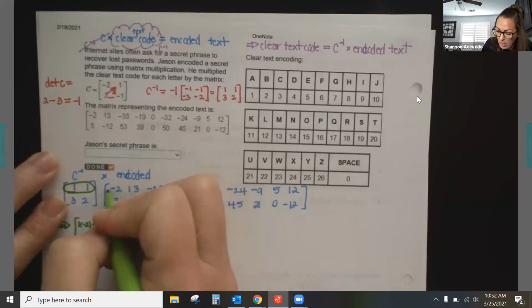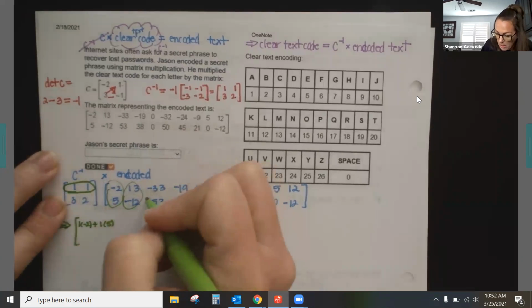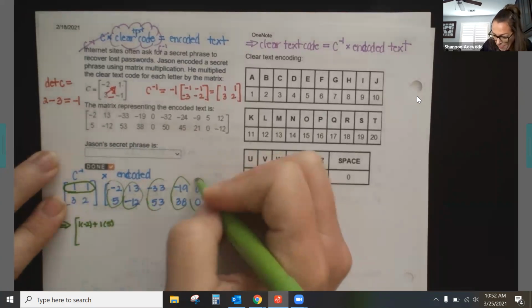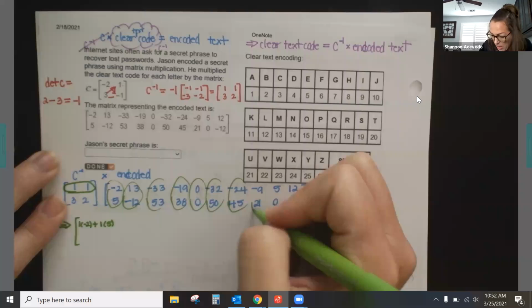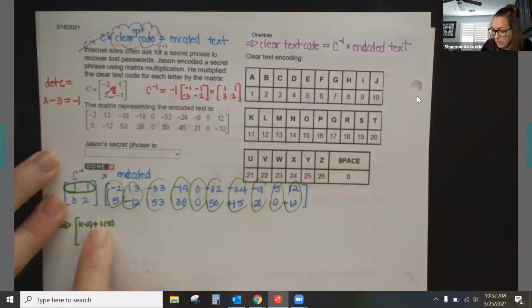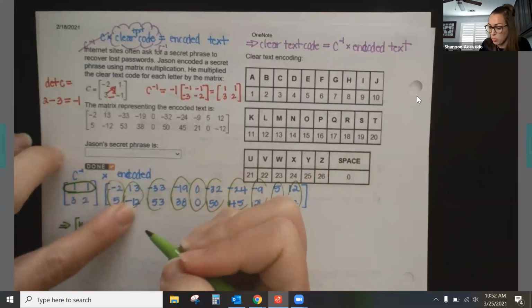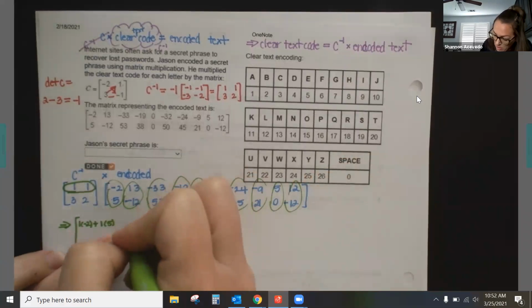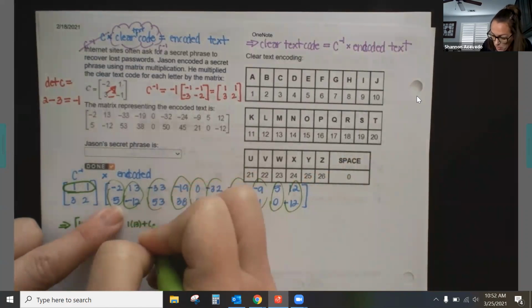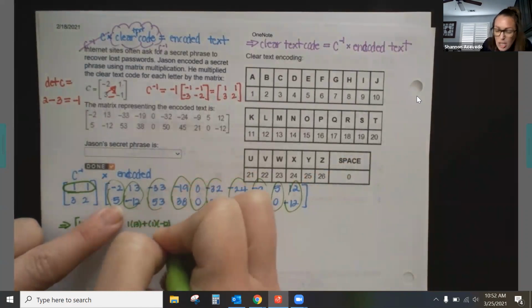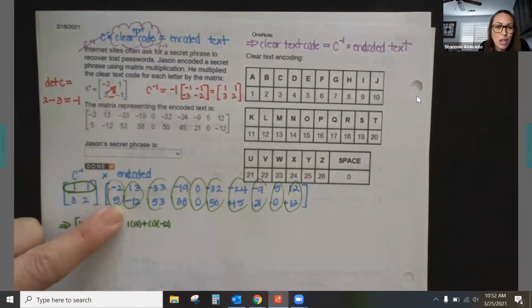Then I'm going to do each one of these columns, so you're going to see me space it out here. There are going to be 1s times each one of these, which should make it really easy. My next one is 1 times my 13 plus 1 times my negative 12. Do I need to write the 1s? No, because you know you're multiplying by 1, but it's good practice.